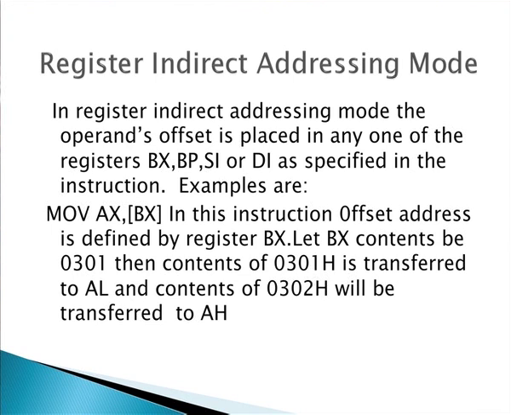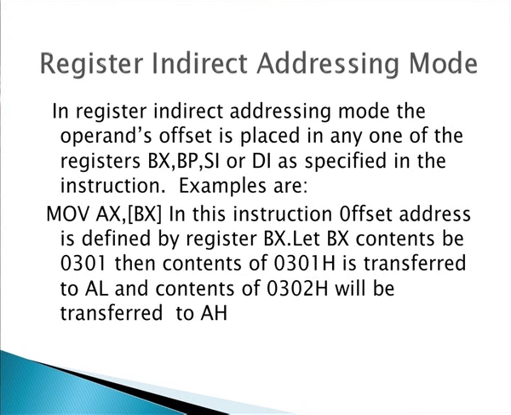MOV AX, [BX]. Now, X means the operation is for 16 bit. MOV AX, [BX] means data is to be copied into register AX, but that data is available in the memory whose address is defined by register BX.